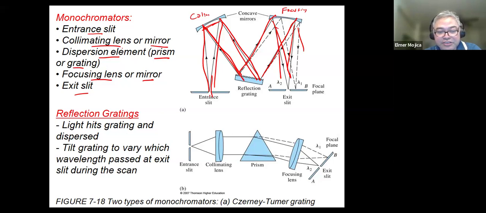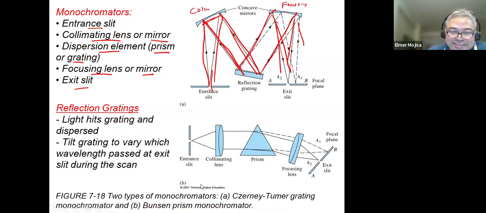Okay, question? I think there's a discussion of this in an undergrad course, if I'm not mistaken. Now, how does it differ from the other one?